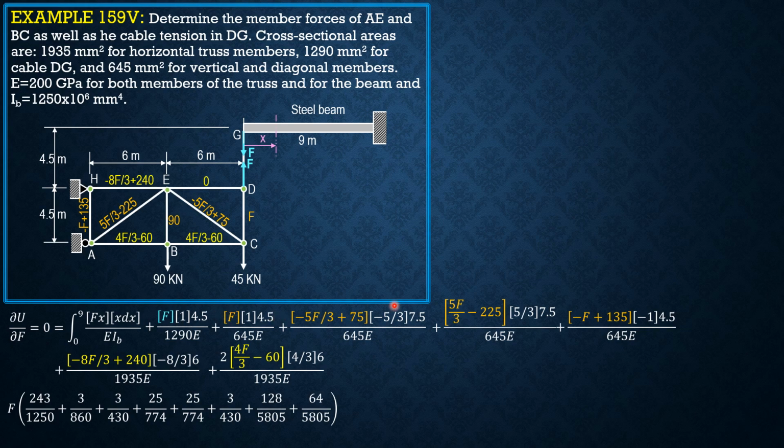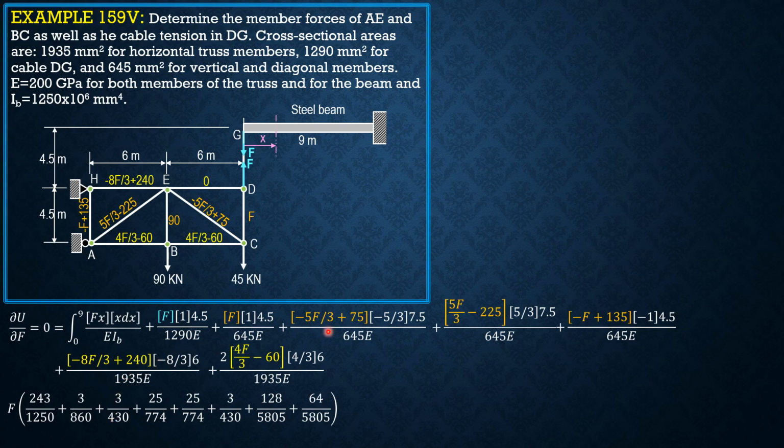So we cancel 1000 square for all these succeeding terms, and since this is 1000 to the fourth, the net factor in the numerator is 1000 square. So the integral of x square from 0 to 9 is 243 times 1000 square, then divided by I of beam, which is 1250 times 10 to the 6. So that's why you have there 243 over 1250. So this is 1000 multiplied by 1000 square, and the rest are 1000 square only.